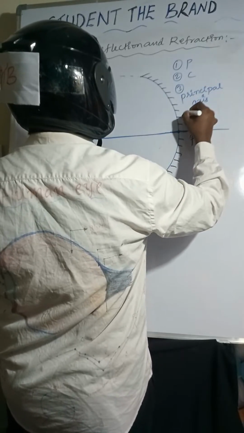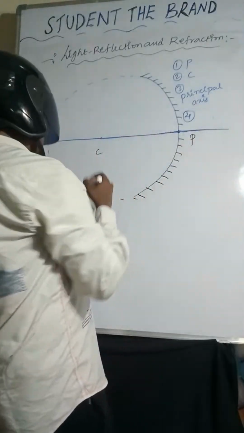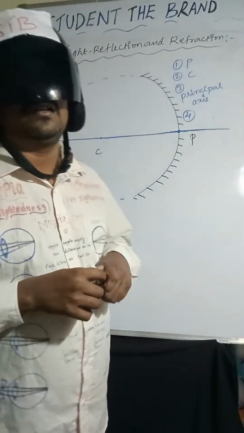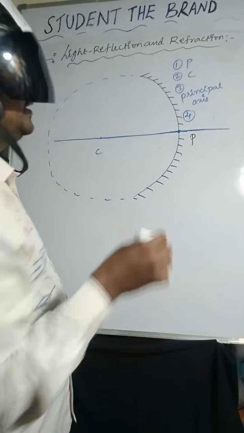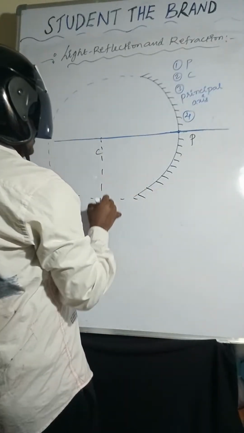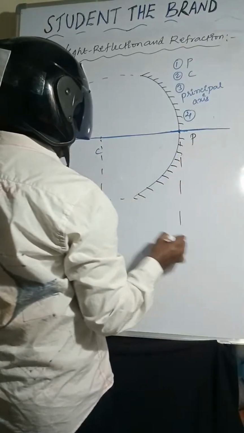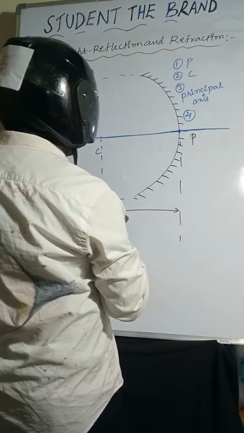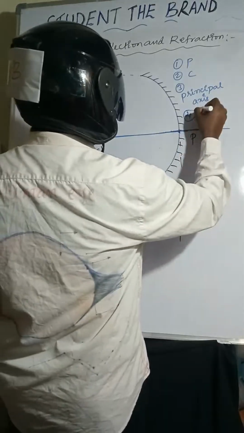Coming to the fourth one, the distance between the center of curvature and pole is called the radius of curvature.